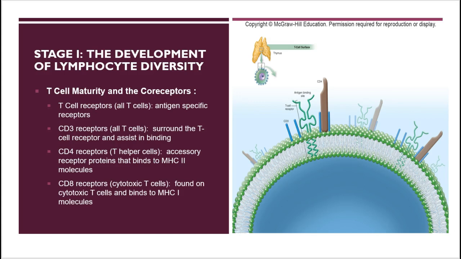So remember, B cells, macrophages, and dendritic cells are going to have those class 2 MHC molecules on their surface so that they can present antigen to T cells. So the helper cells are going to possess CD4 receptors that are going to recognize antigen that is presented to them by those MHC2 receptors on those cells.